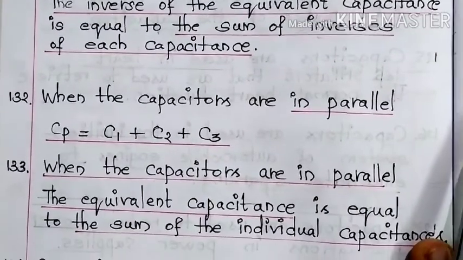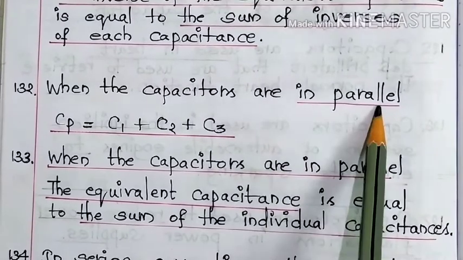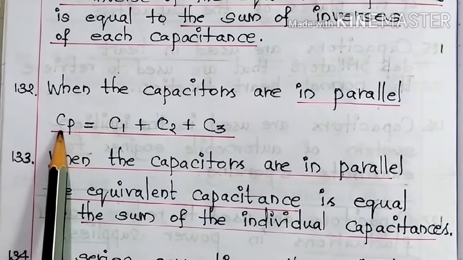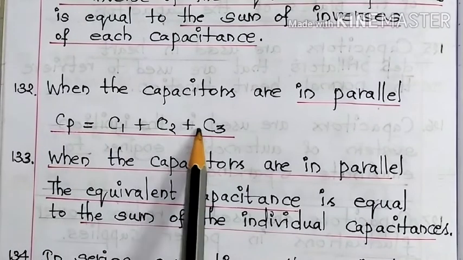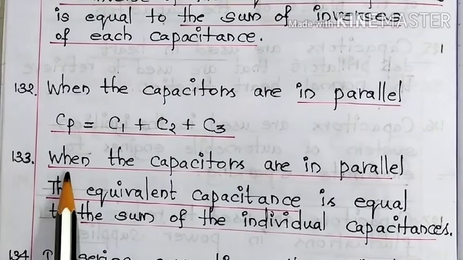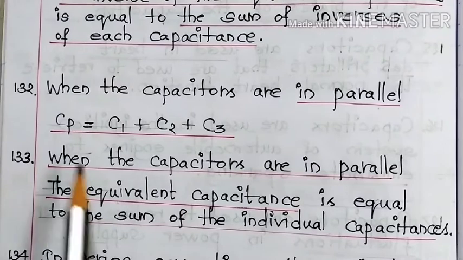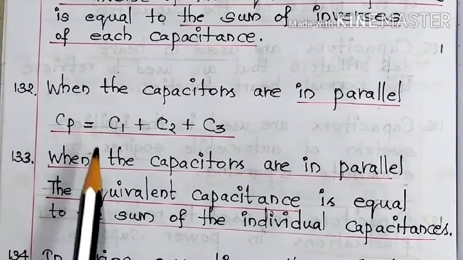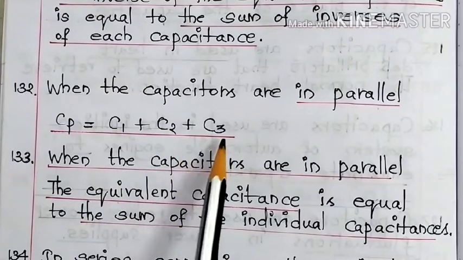Next one, when the capacitors are in parallel, here the equivalent capacitance is nothing but C_p is equal to C1 plus C2 plus C3. Here P stands for parallel. Next point, when the capacitors are in parallel, the equivalent capacitance is equal to the sum of the individual capacitances.